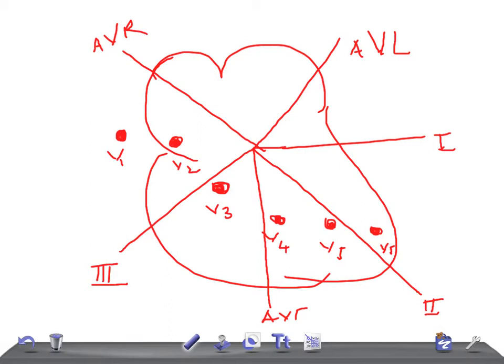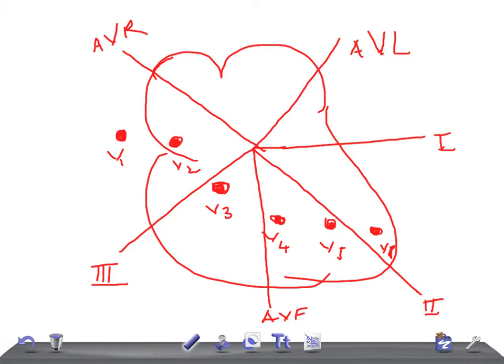Okay, so we're going to talk about the R waves. Remember, I'm talking about the normal R waves and the S waves. The normal R wave increases in height from lead V1 to V6, because these leads read the anterior part of the heart.